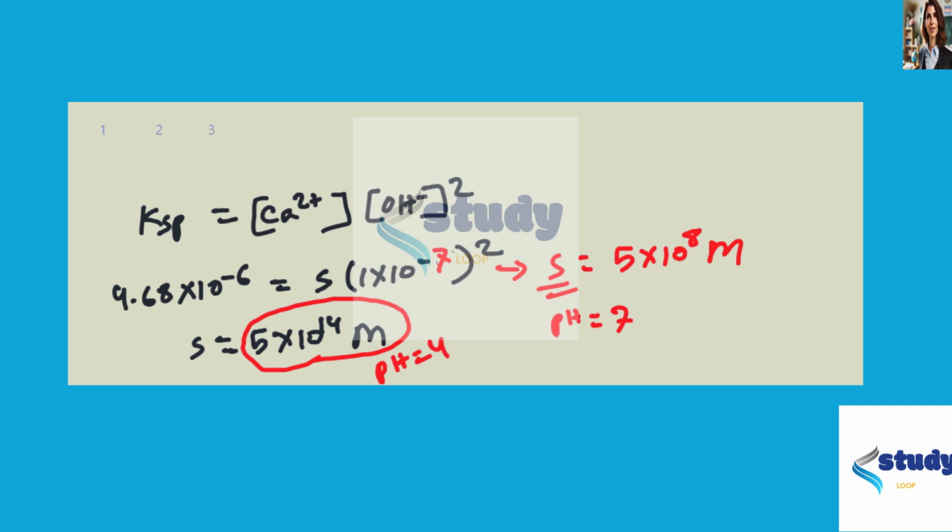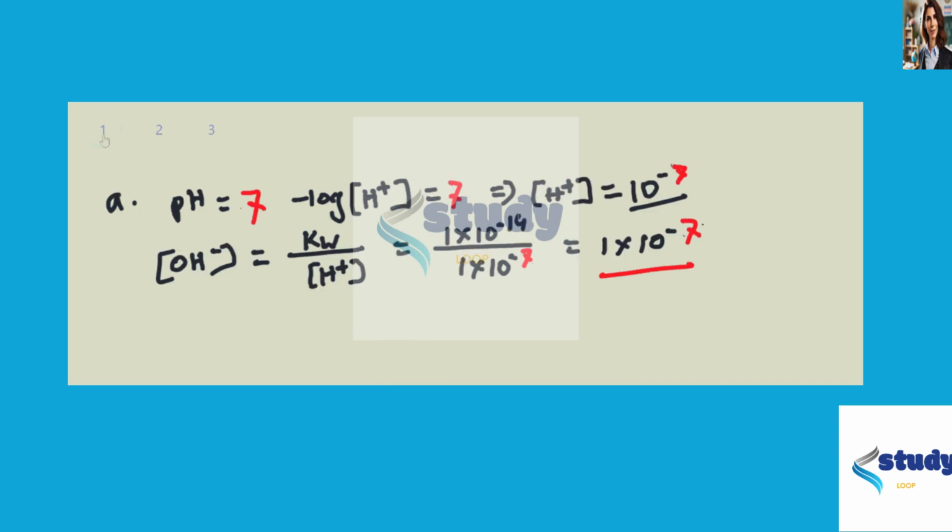Then finally we have to calculate it for pH 9 the same way. We just replace the pH value here with 9, and then the hydrogen ion concentration is 10 to the power minus 9.